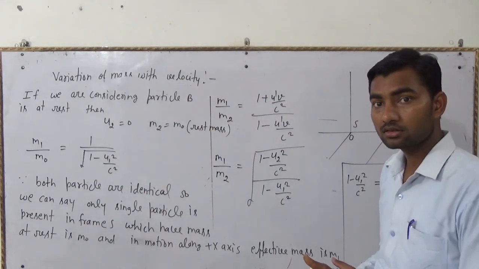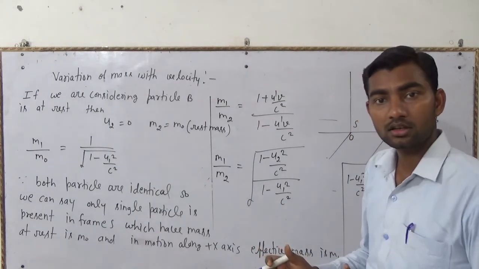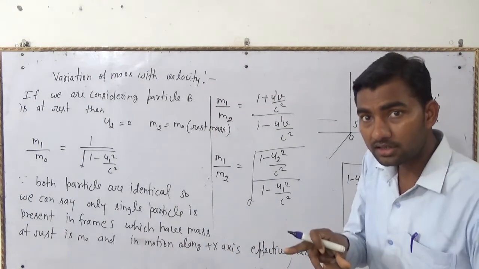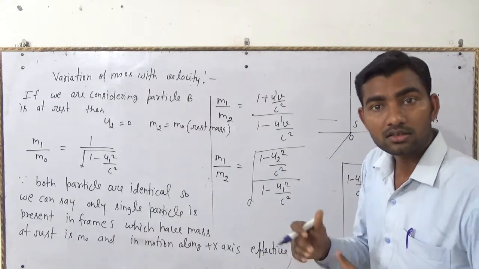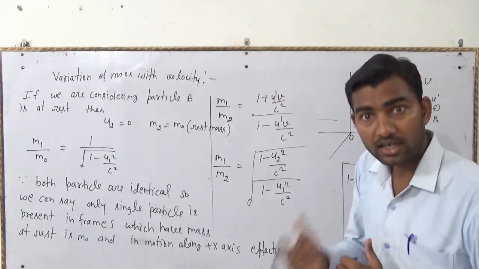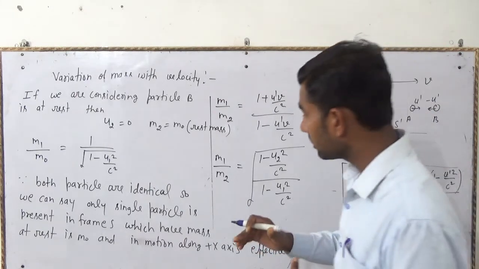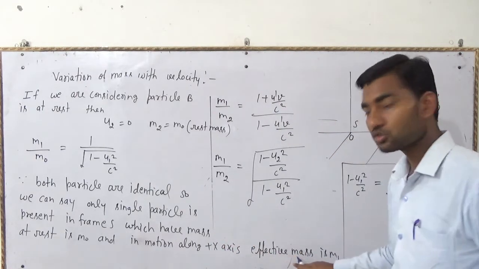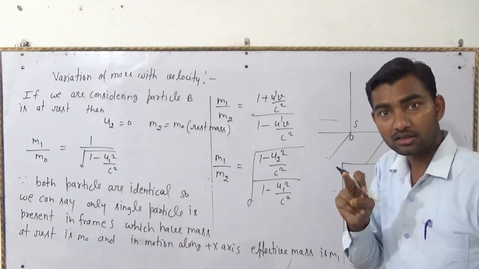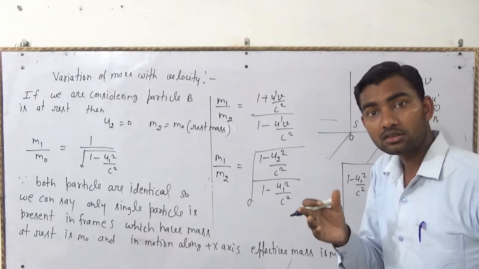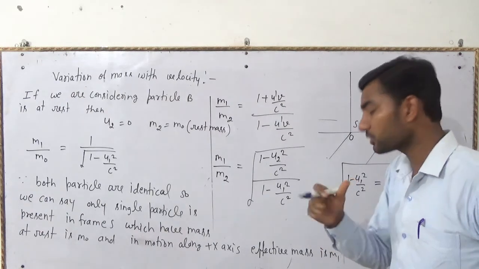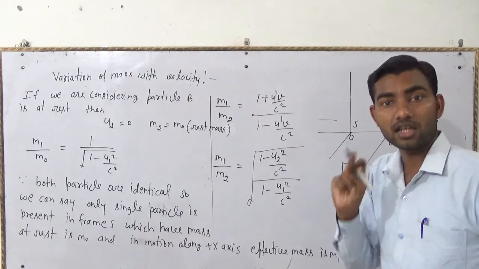After motion, its mass, which was at rest, something changes, or we can say it is affected by the motion, and it has an effective mass. So here we have considered m1, the rest mass m naught, and in motion its mass is affected, or we can say that its effective mass is m1.